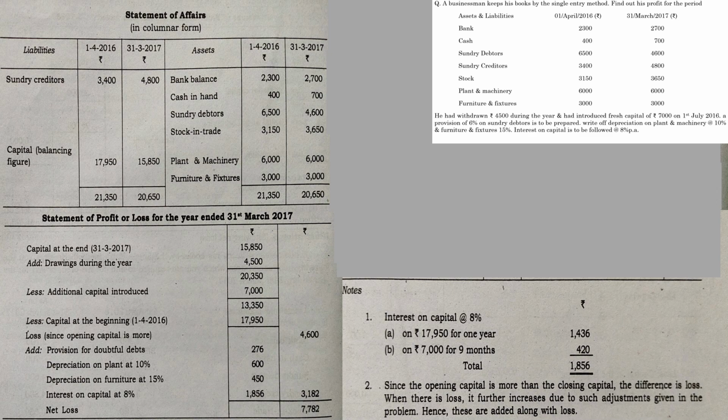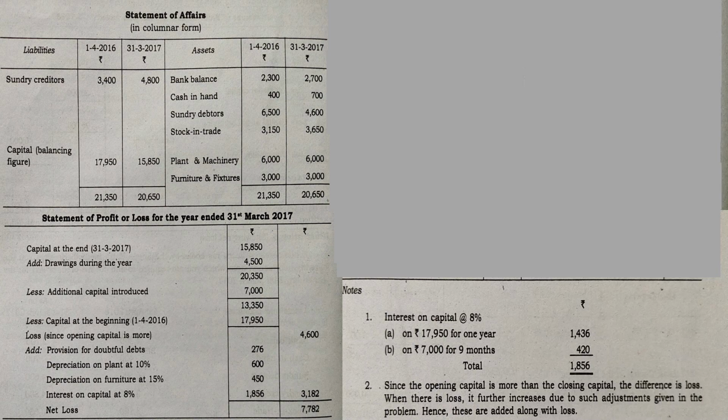Go through the concepts and statements, and in this case we can even further prepare a final statement of affairs. Final statement of affairs means how a final statement can be prepared on the basis of all this information. So this is how the statement will be.